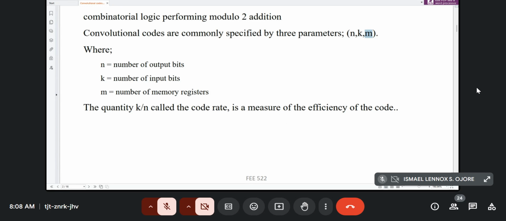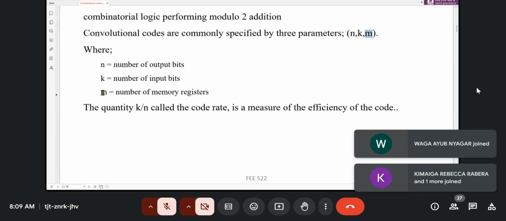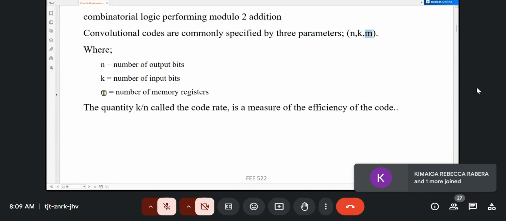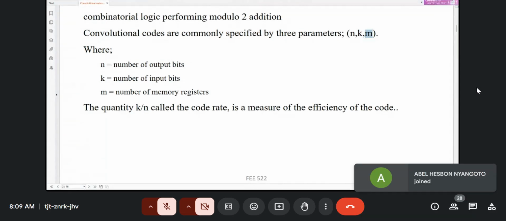Because if k is large and n is not so much larger than k, then we say efficient, because n will always be larger than k, but not so much larger.